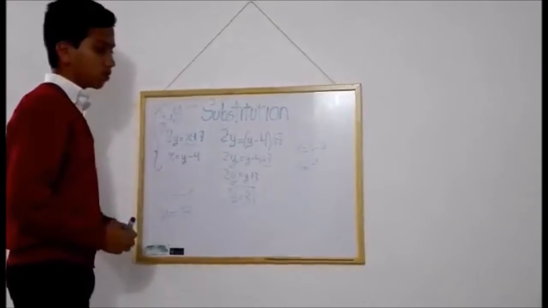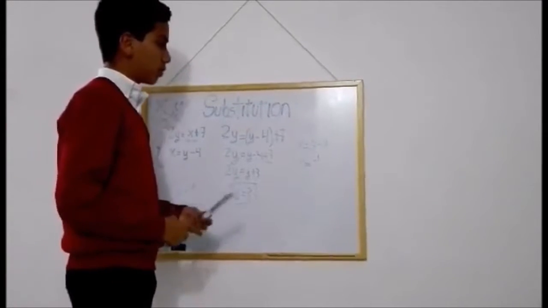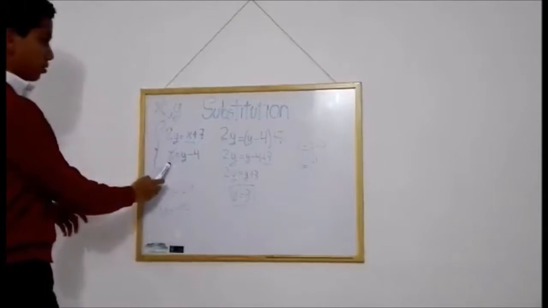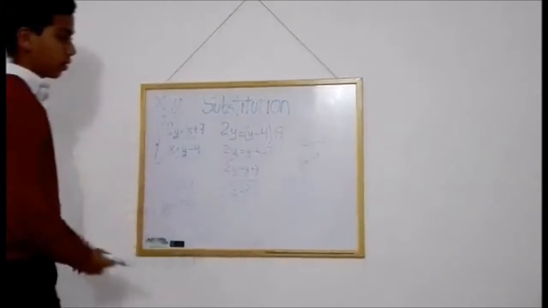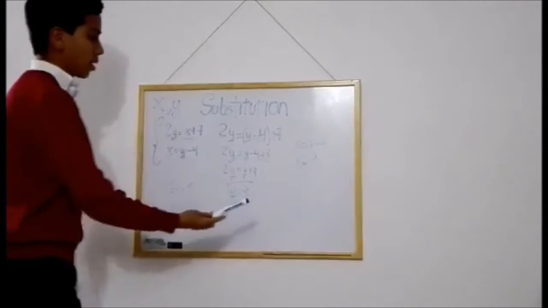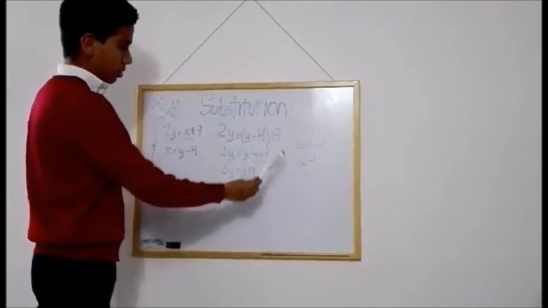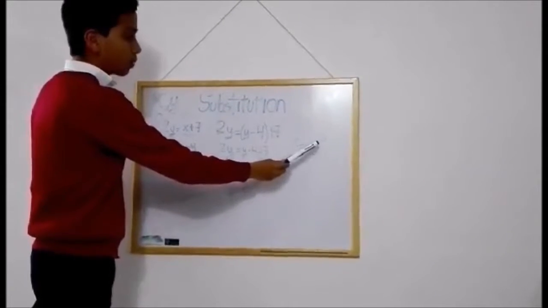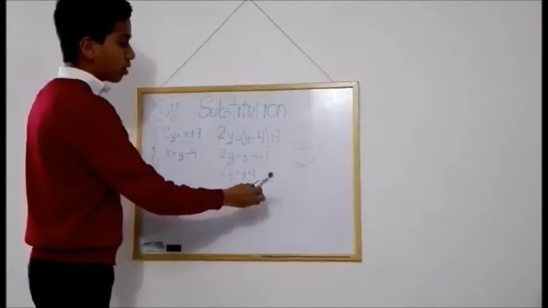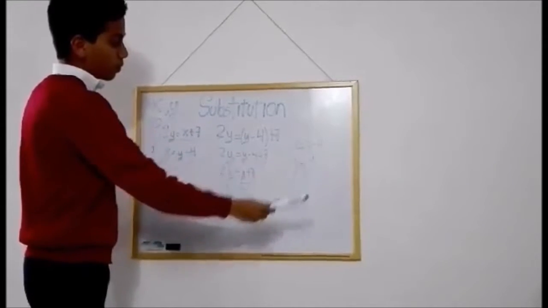And then we can go back, substitute into either equation, and solve for x. So x is equal to 3 minus 4, which is equal to -1.